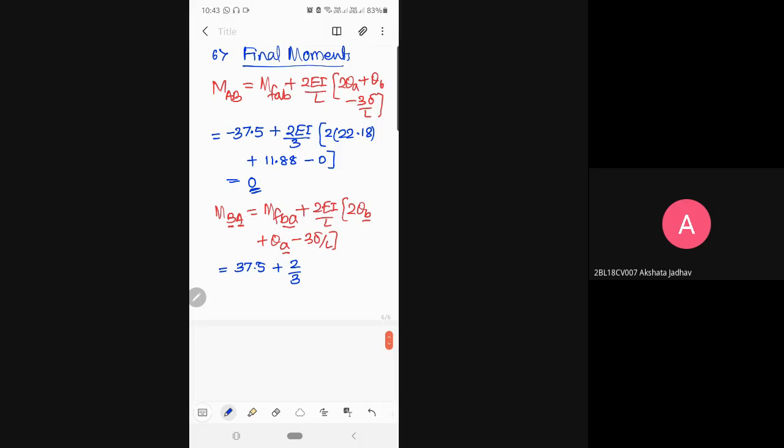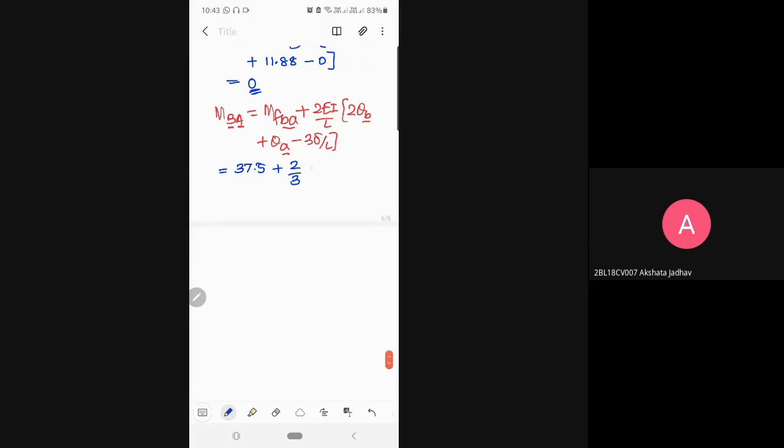This EI you can take inside, EI theta A, EI theta B. So it will be 2 times EI theta B, 11.88, plus 1 times theta A, 22.184. If you substitute and calculate, you will get 68.13 kilonewton meter.